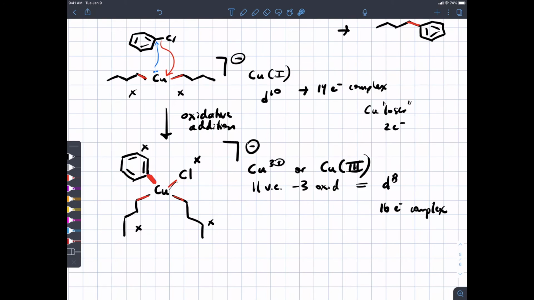All right, so that's oxidative addition, where we are inserting the metal in between a carbon halide bond. In so doing, we take 2 electrons that were from the metal and we give them to carbon.